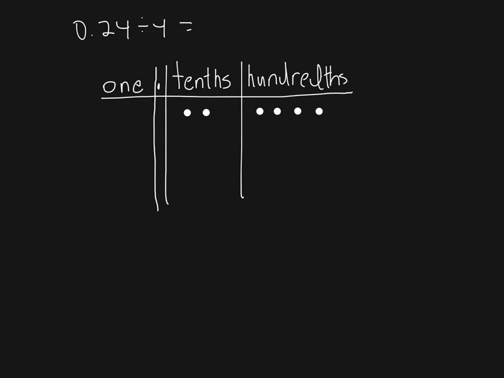So instead of thinking of this as 2/10 and 4/100, I'm going to think of it as 24/100 because when I see this, I see there's a basic fact there, 24 divided by 4.